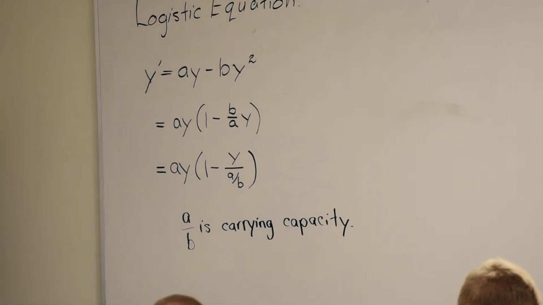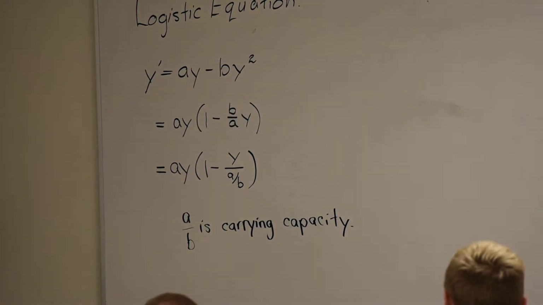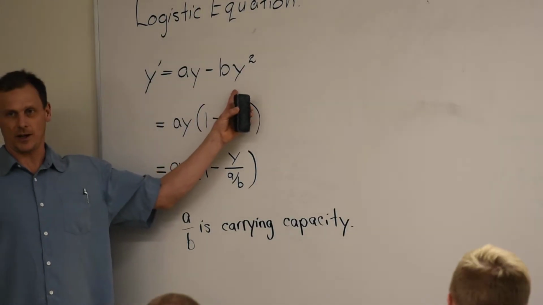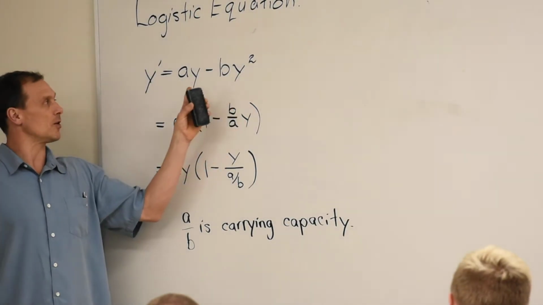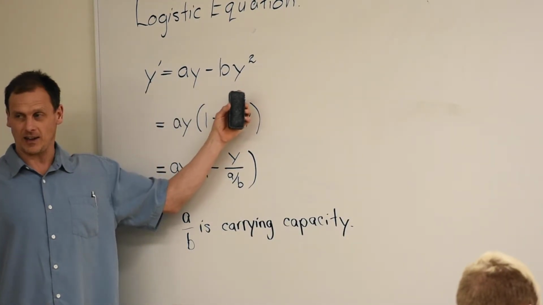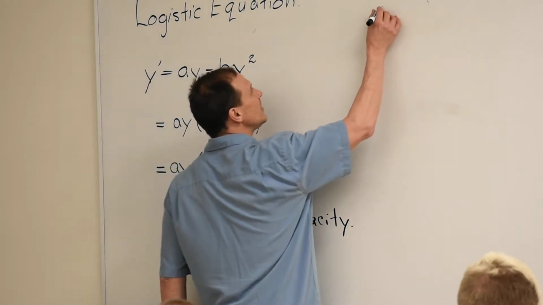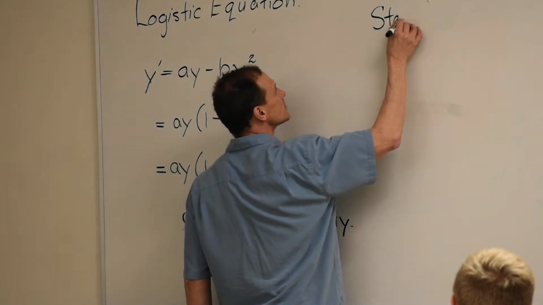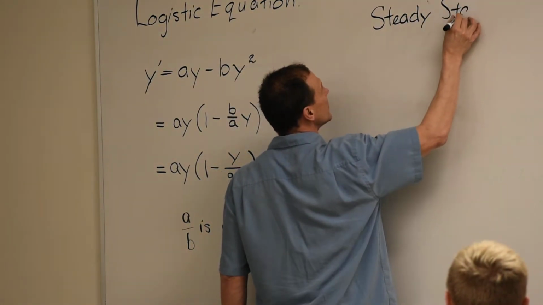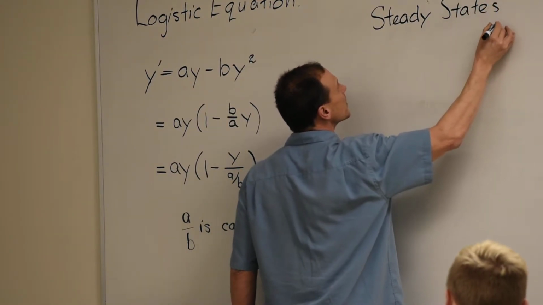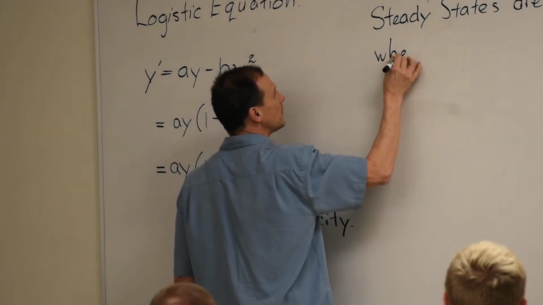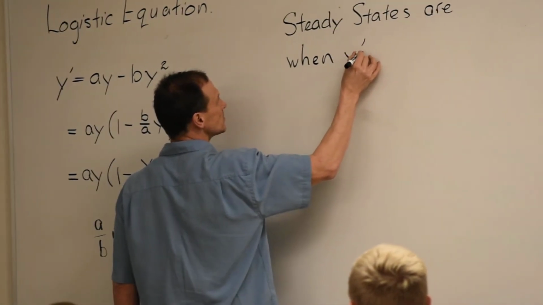Another thing we said is, wait a minute, if this is growing and this is slowing, where is it growing to and where is it slowing down? In other words, where are the steady states? Our steady states are when y prime is 0.